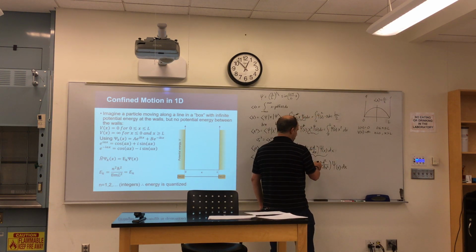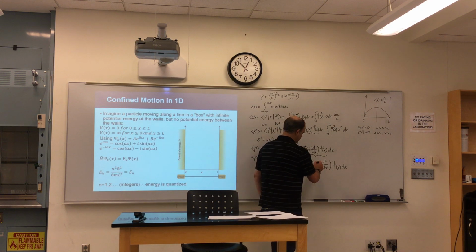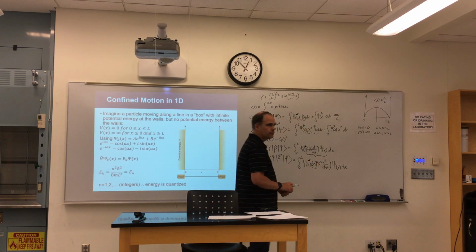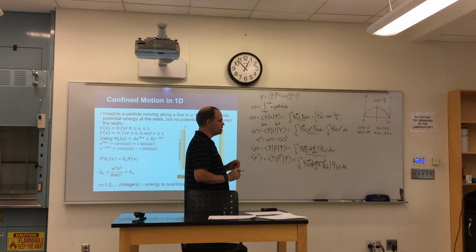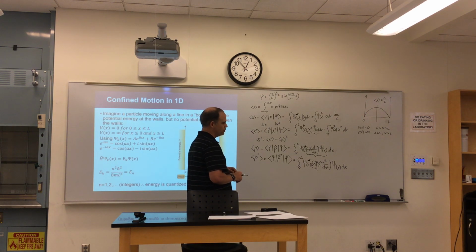This ends up being negative i squared, which gives you -1, right, because the negative squared is positive, and then i squared is -1. Right, and then we applied that.